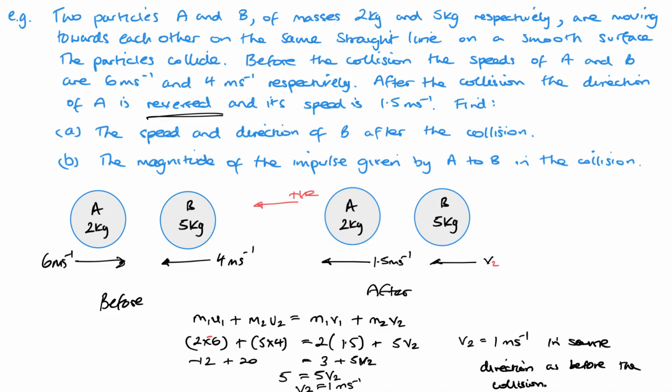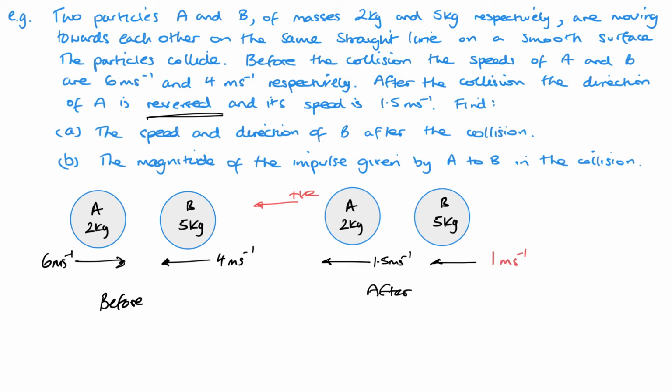Okay, so it's just making it very clear to the examiner that it's not just about the diagram. My diagram is right, but I'm also making a statement here that it hasn't changed its direction. So essentially that motion of B in terms of its direction of motion is unchanged.